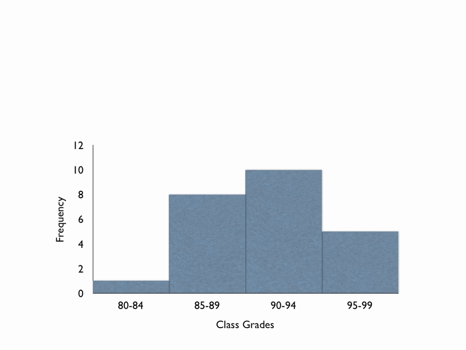We had a maximum of 10 students fall into the 90 to 94 category, so we want to go a little bit above that on the y-axis. We've labeled it with frequency. We've labeled the class grades, and as you can see, the bars are touching, and we start from the lowest, 80 to 84 category, all the way up to the 95 to 99.